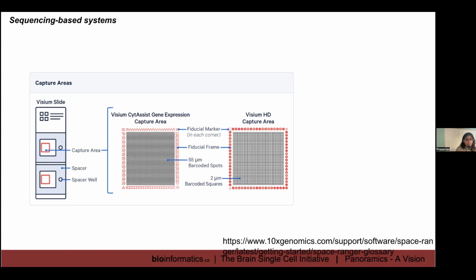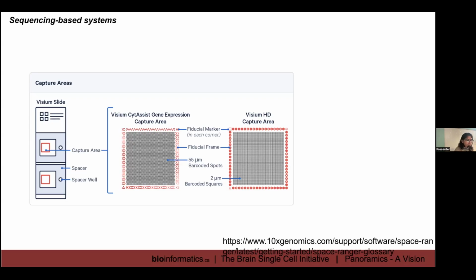But the thing is, RNA diffusion is a reality. It's not true that it doesn't happen. How much it happens really depends on the tissue: which organ it's coming from, how it's processed, how old it is, whether it's fresh or fixed. It does matter. That is the reality.